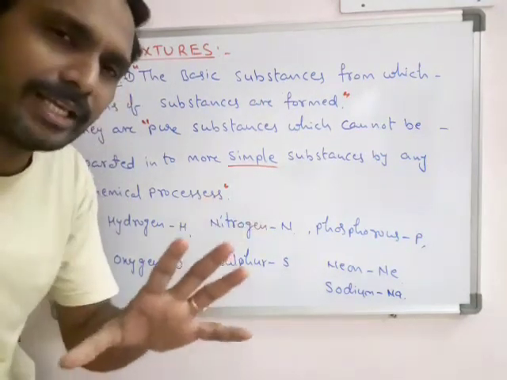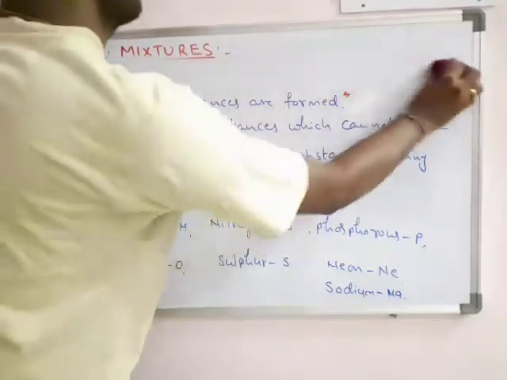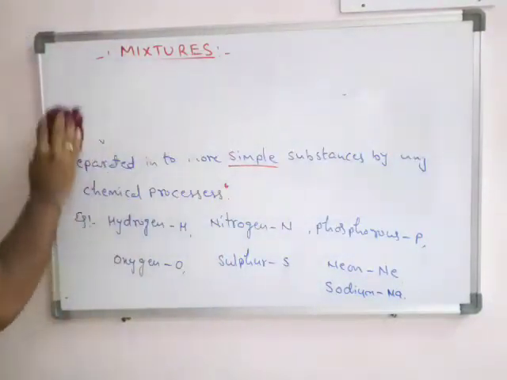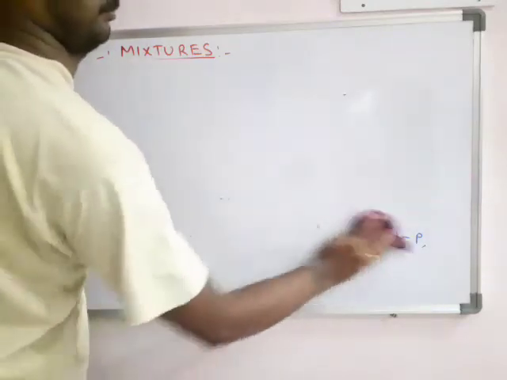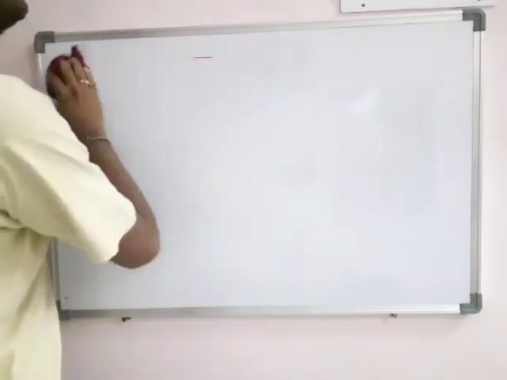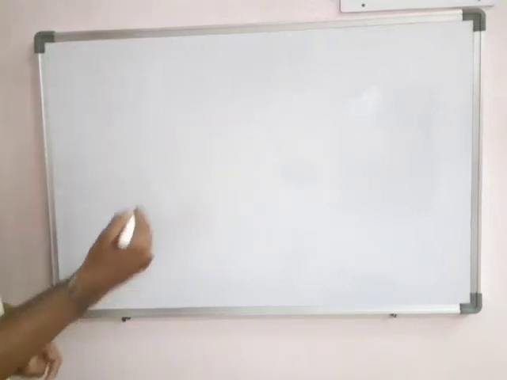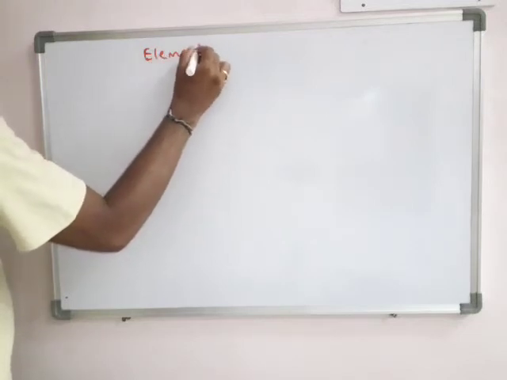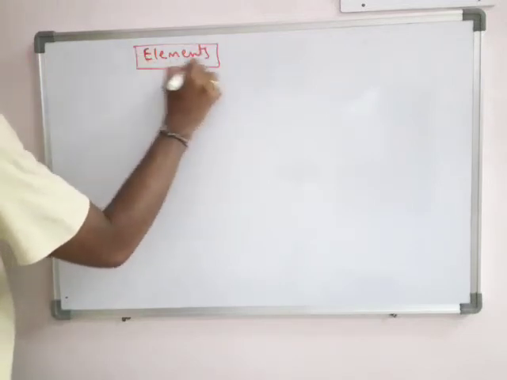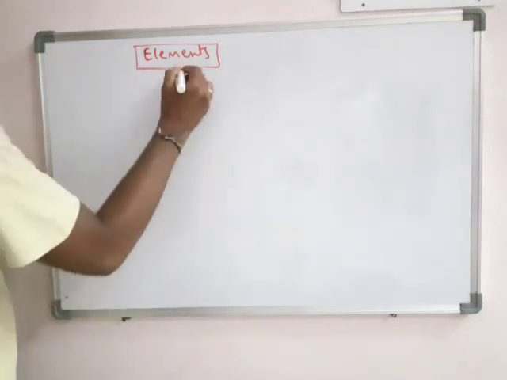So elements, again we classify into four types. Elements are mainly classified into four types.